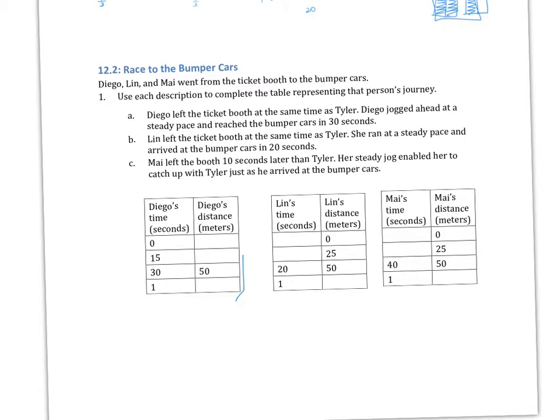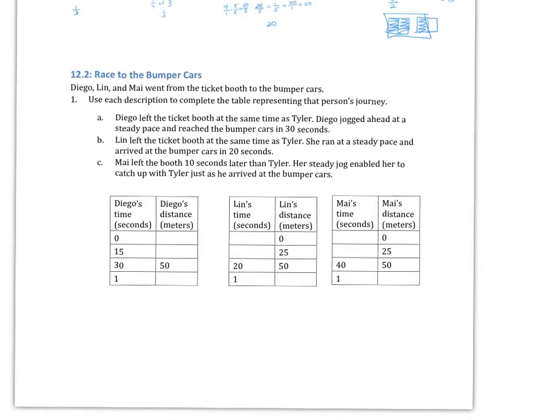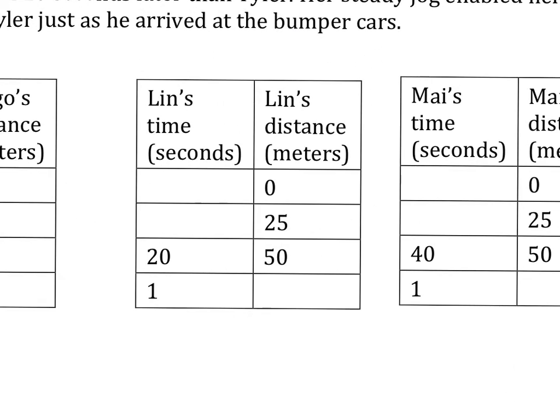So it took Diego 30 seconds to go a total of 50 meters. Now, Lynn left the ticket booth at the same time as Tyler as well. She ran at a steady pace and arrived at the bumper cars in 20 seconds. So if we look at Lynn's, we can see here it took her 20 seconds to go a total of 50 meters.